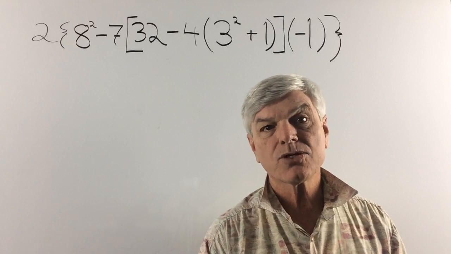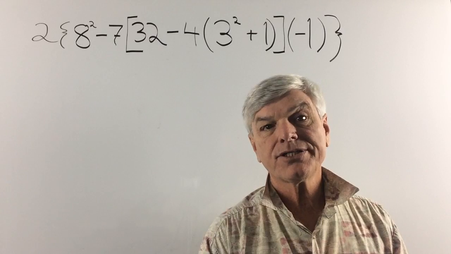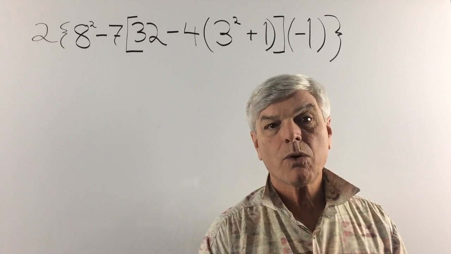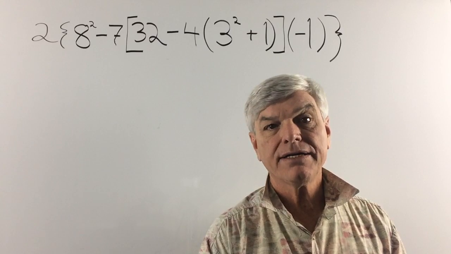That would be 3 squared plus 1. And we need to perform the function of the exponent first. 3 squared means 3 times 3, and that would be 9.